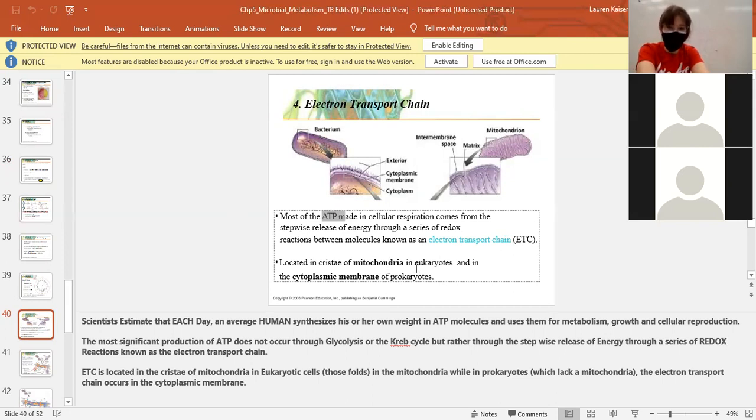If we look at the electron transport chain in prokaryotes, so bacteria for example, it's going to look like this. But in a eukaryotic organism, we have the powerhouse of the cell, and these little lines are all called cristae. I hope I spelled that right.